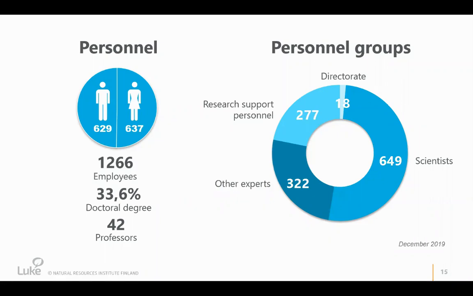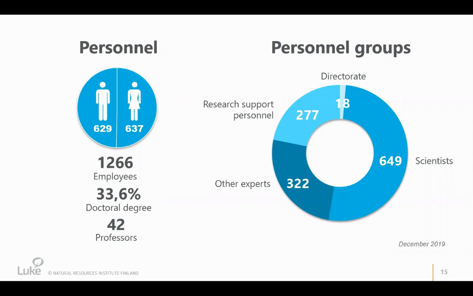And the division into different personnel groups: about half of us are scientists, 1/4 is other experts, and about 1/4 is research support personnel. I guess quite many of these other experts could also be called scientists, because they might be working completely on research projects, but some are more in other tasks.